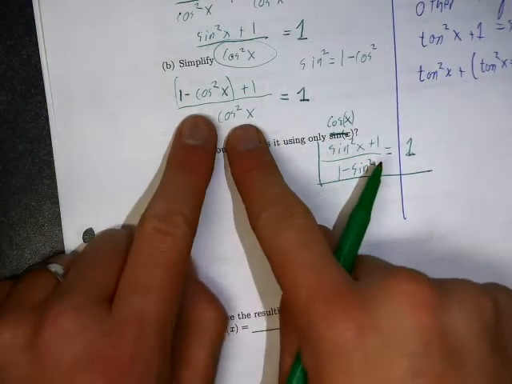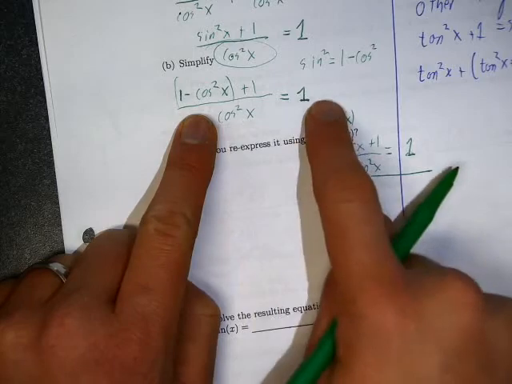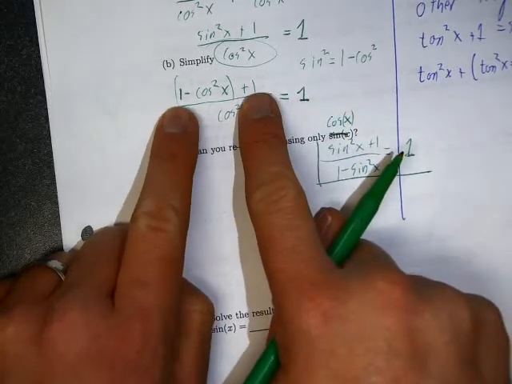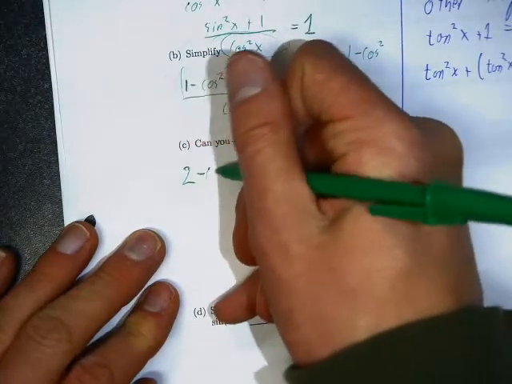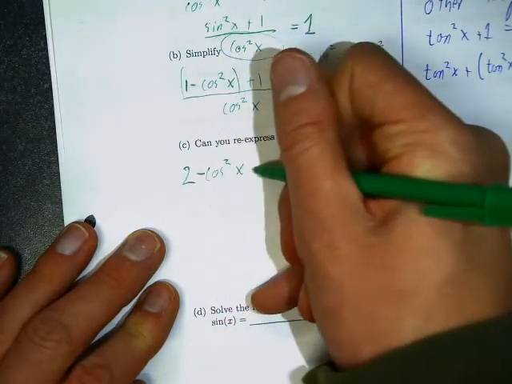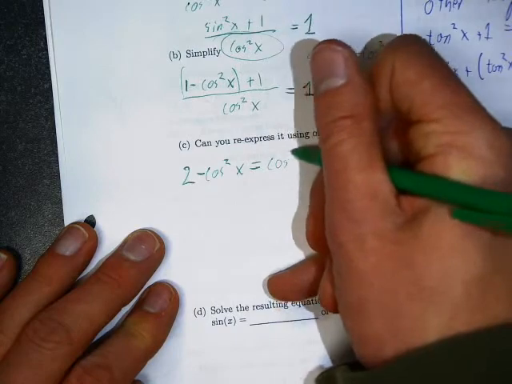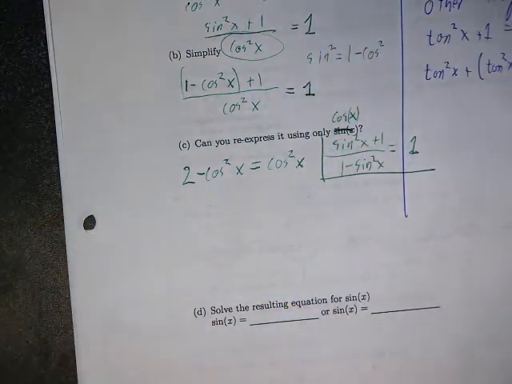So let's see, maybe I'll start by multiplying the cosine to the other side and combining those two 1's into a 2. So I see 2 minus cosine squared of x is equal to cosine squared of x. Okay, cool. What would you want to do next?